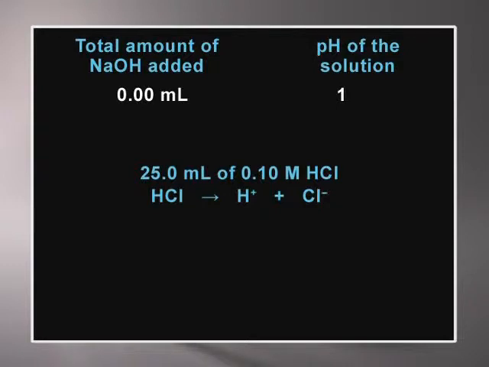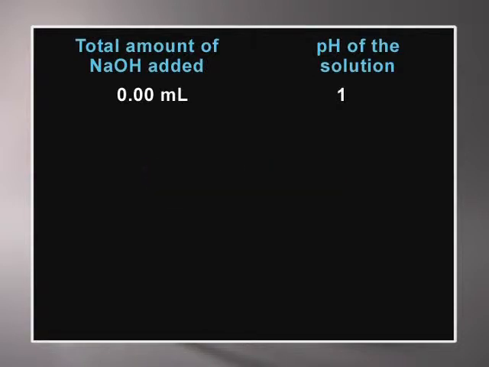A 10th molar solution of hydrochloric acid will have a concentration of hydrogen ion of 10th molar because hydrochloric acid is completely ionized. If the concentration of hydrogen ion is 10th molar, or 10 to the minus first molar, we know that the initial pH of our starting solution of hydrochloric acid is going to be 1. That calculation we all could have done.